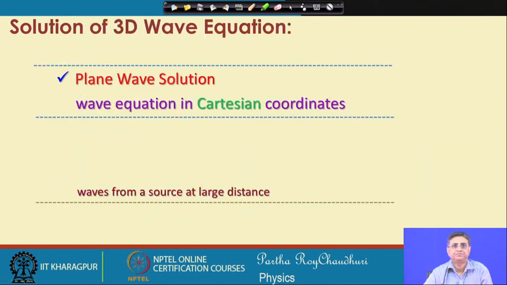Therefore, for a plane wave solution, we start with the Cartesian system of coordinates. As I have mentioned, an electromagnetic wave at a large distance from the source becomes almost a plane wave.